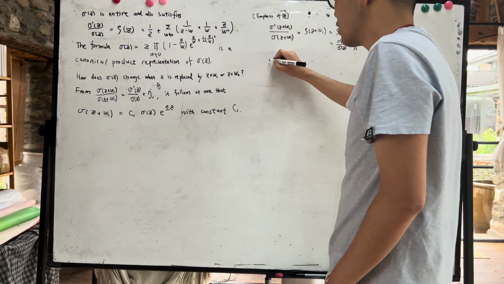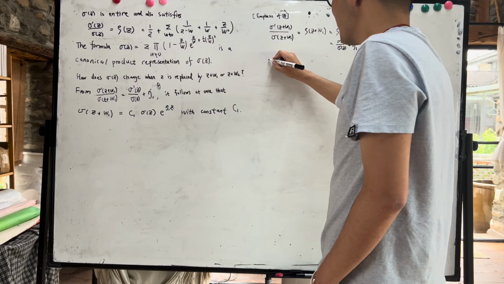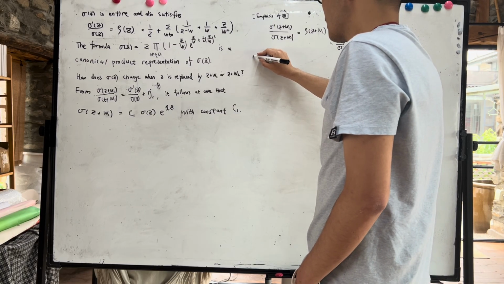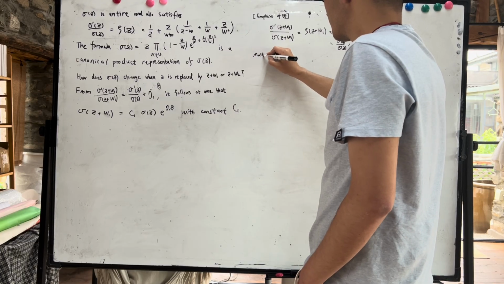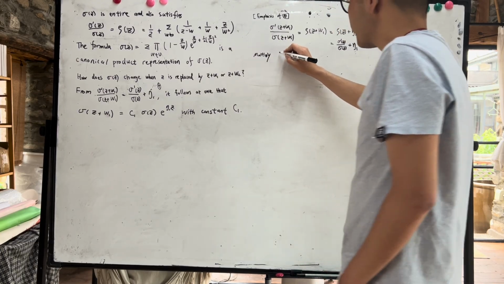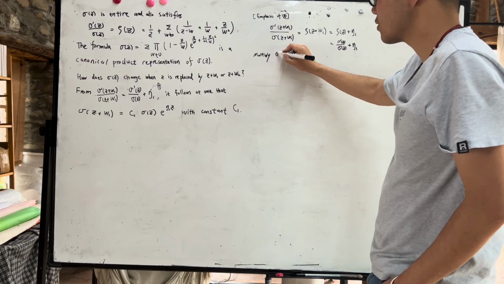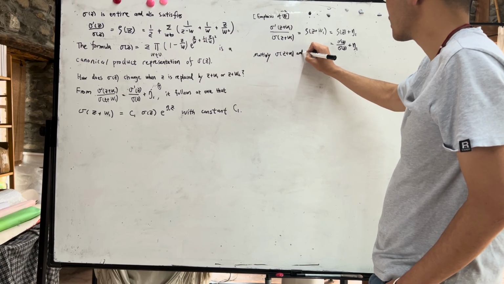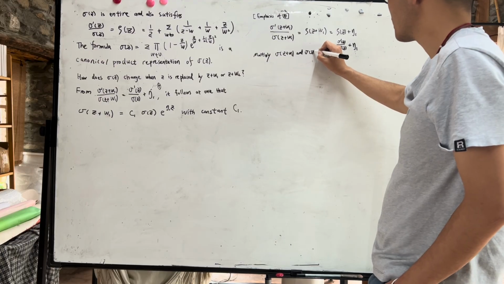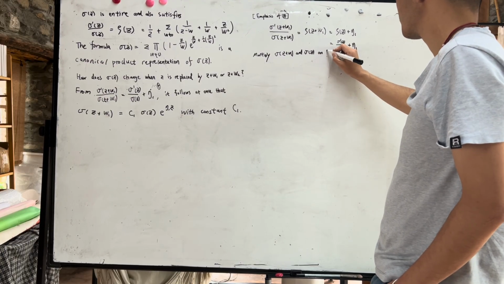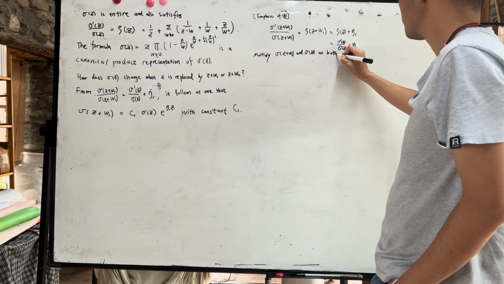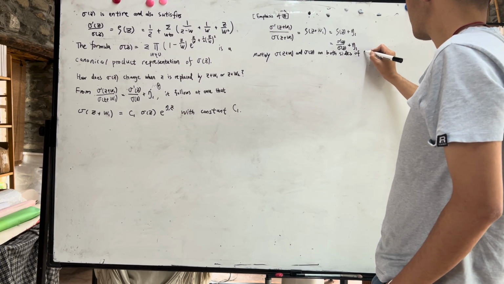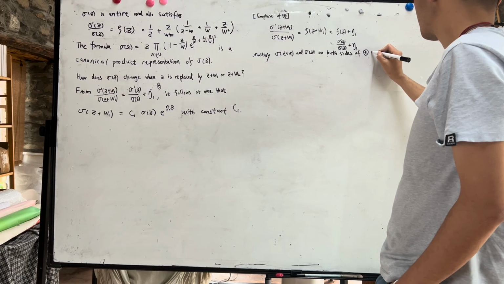Let's see. Multiply sigma of z plus omega 1 and sigma z on both sides of star.